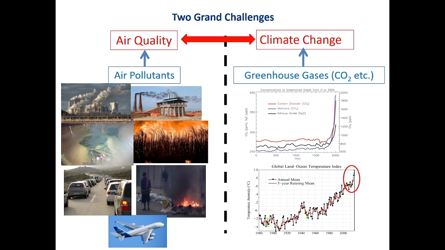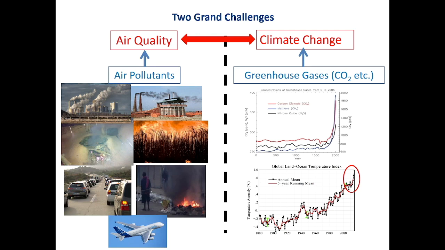Various air pollutants degrade the air quality, which eventually affects our health and other climatic parameters also. And then there are greenhouse gases like carbon dioxide, methane, nitrous oxide, and others.